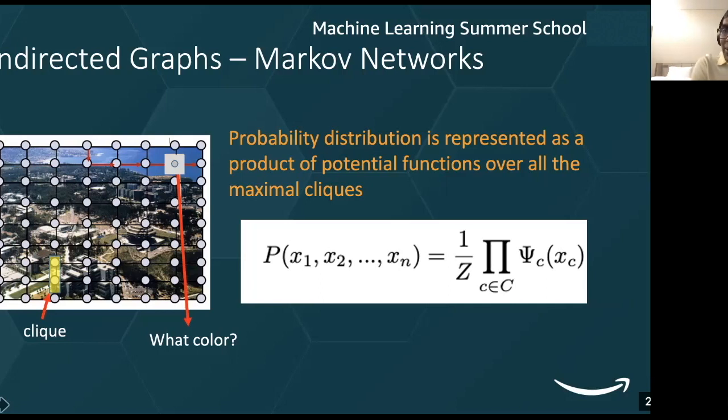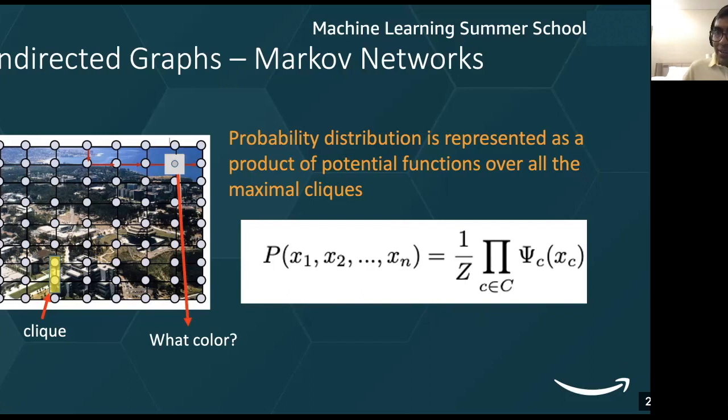Here, instead of dealing with conditional distributions, we will make use of potential functions, the chi of C, which are defined over a clique. A clique is nothing but a set of nodes that are connected to each other. So in this particular example, a clique is formed by any set of two nodes which are adjacent to each other, right? The joint distribution then factorizes over all possible maximal cliques, as shown in the equation on the slide, with Z indicating a normalizing factor to ensure the distribution sums to 1.